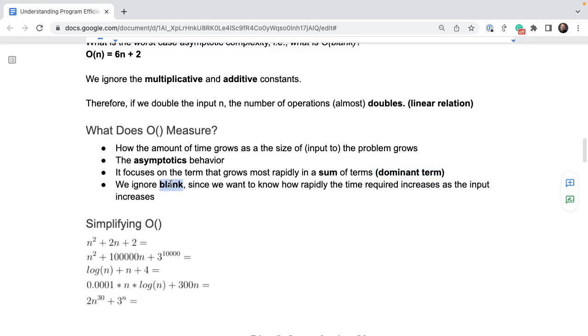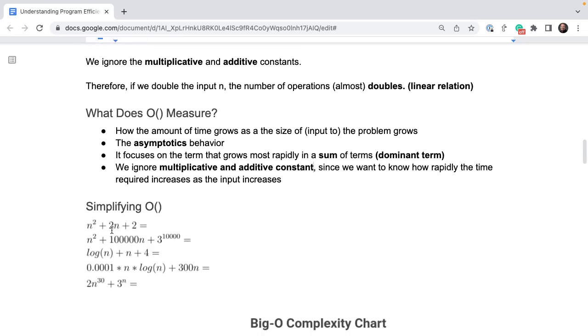Like we said above, we're going to ignore those multiplicative and additive constants, since we want to know how rapidly the time required increases as the input increases. So with n squared plus 2n plus 2, you can imagine that your algorithm is doing n squared steps, plus maybe another loop that does just 2n steps, then 2.